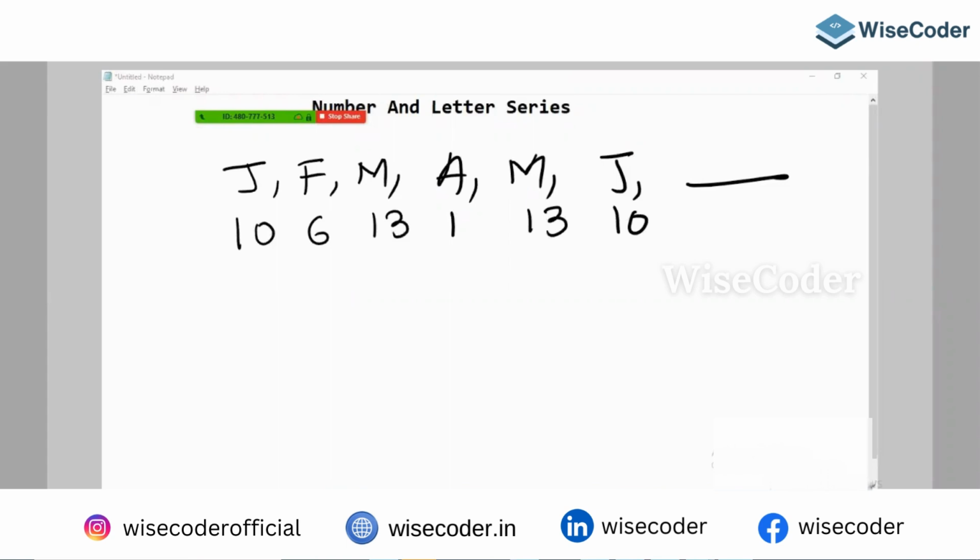You can see plus 4, minus 4, plus 7, minus 12 kind of things, so you will not get it with the difference or multiplication. If you closely observe, these are general ones: first letters of months, January, February, March, April, May, June. So next must be July, and the answer is J as well.